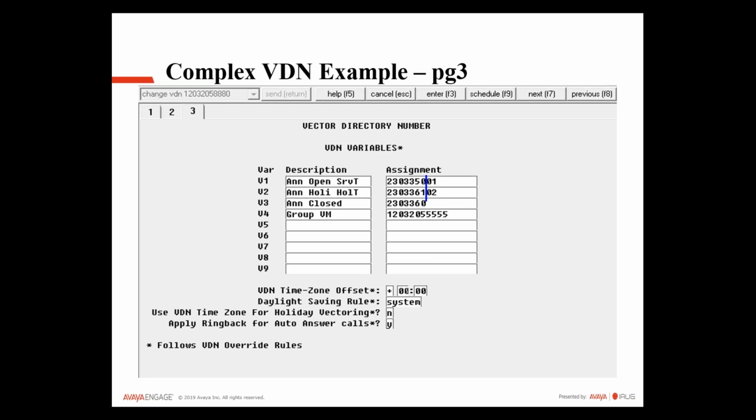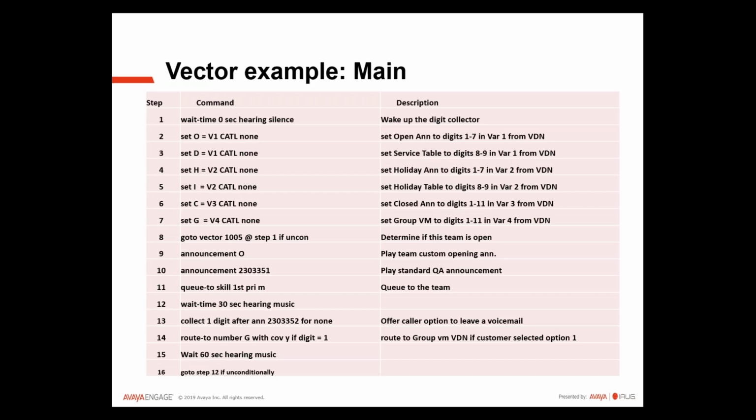So let's see what we can do and apply a lot of the stuff we have so far. By stuffing things in, we need to then tell the system where to look. So we're going to set those variables. We're going to set O as V1, telling the variable table that you need to look in V1 for the information for O. Same thing, D is in V1.